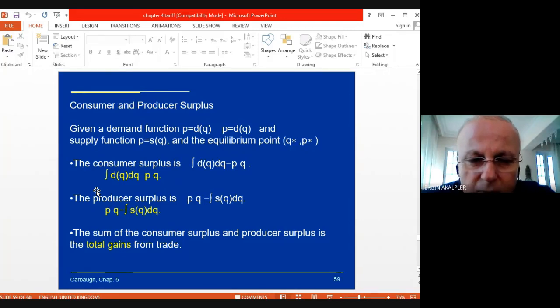The first one is from cost to revenue, and here from revenue to cost. The integral of this supply equation will be subtracted, and then you will calculate the consumer surplus or producer surplus in the economy.